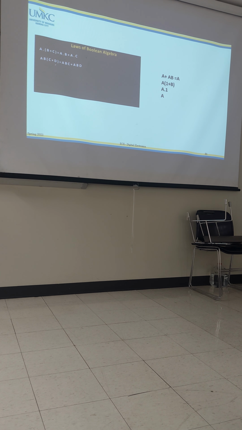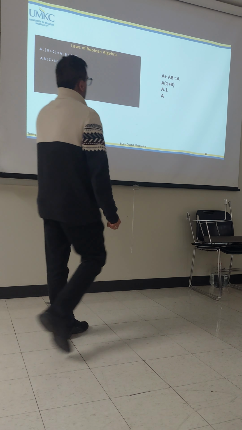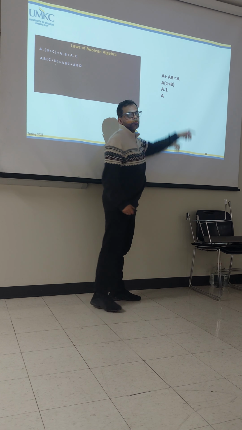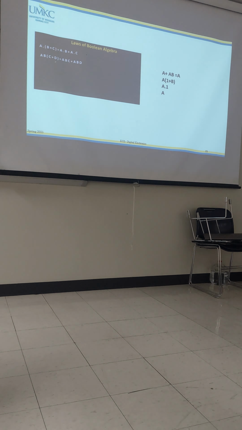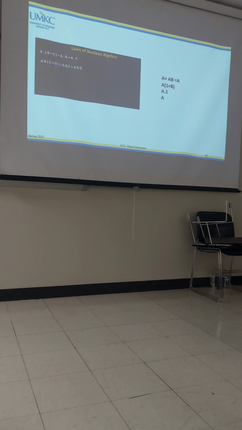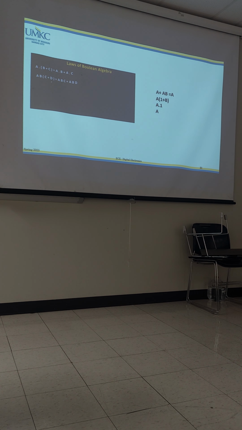Because if B equals 0, 1 plus 0 is 1. If B equals 1, 1 plus 1 equals 1. So that's why, if you take A common, then 1. So by using the laws and rules, we can simplify our Boolean expression. This is a simple one.